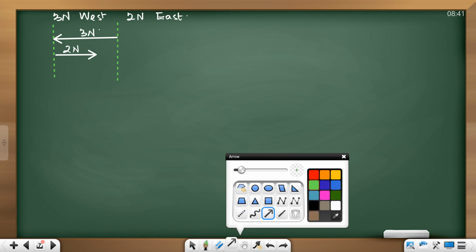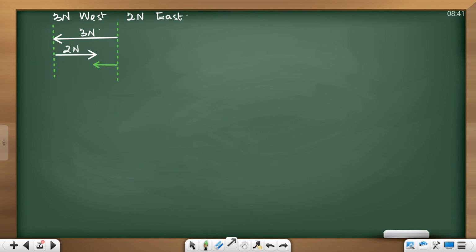And in which direction will that be? That would be to the left. Why? Because the resultant is always in the direction of the greater force. Does that make sense, guys? Please, our representations are very important.